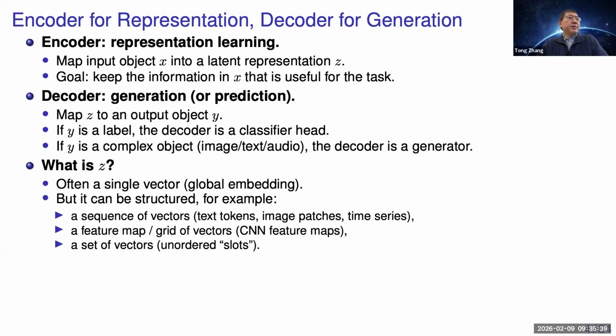If you think about Z, you can say it's a single vector, an embedding of your X. It could sometimes be a structure, such as a sequence of vectors, usually text tokens. This is what we do with LLMs and images. If you ask how a large language model understands images, they do something like this: you map the image to tokens.